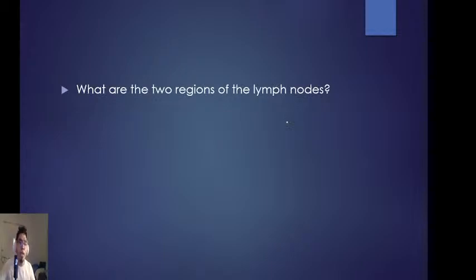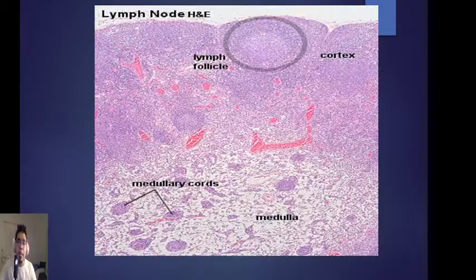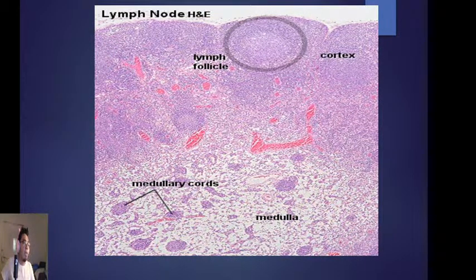There are two layers, of course, of lymph nodes: the follicular and the medullary lymph nodes. This is a cross section of a lymph node. What you call the follicles are basically this portion here.